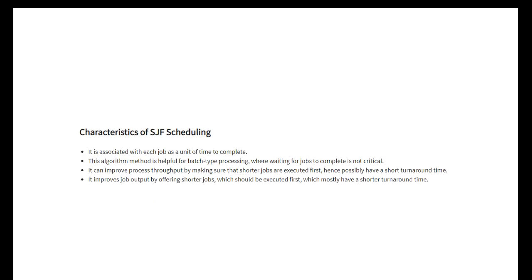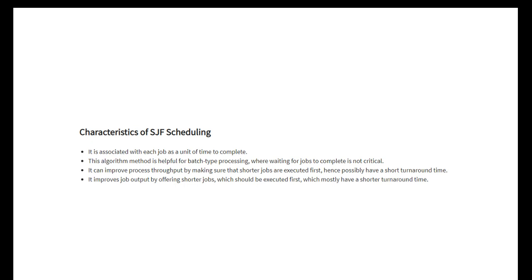The characteristics of SJF scheduling: each job is associated with a unit of time to complete. This algorithm method is helpful for batch type processing where waiting for jobs to complete is not critical.